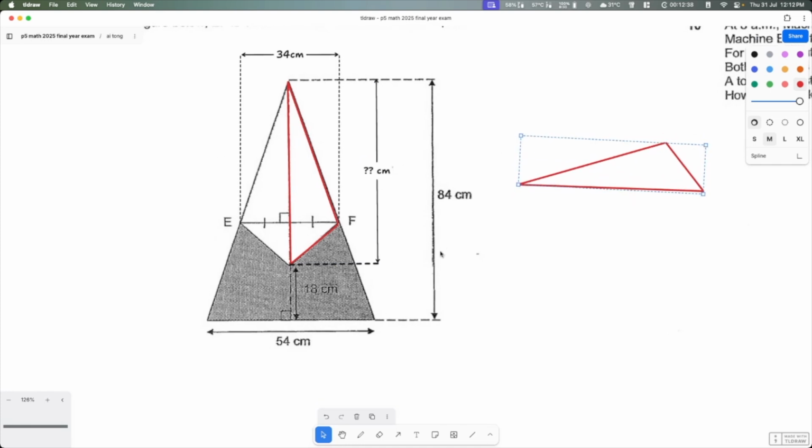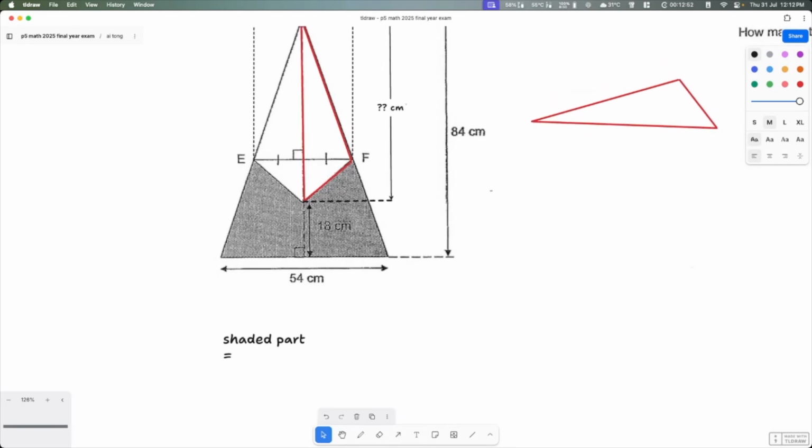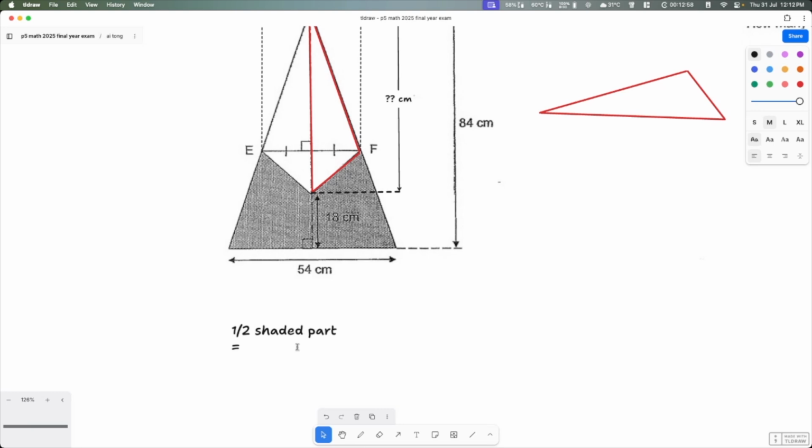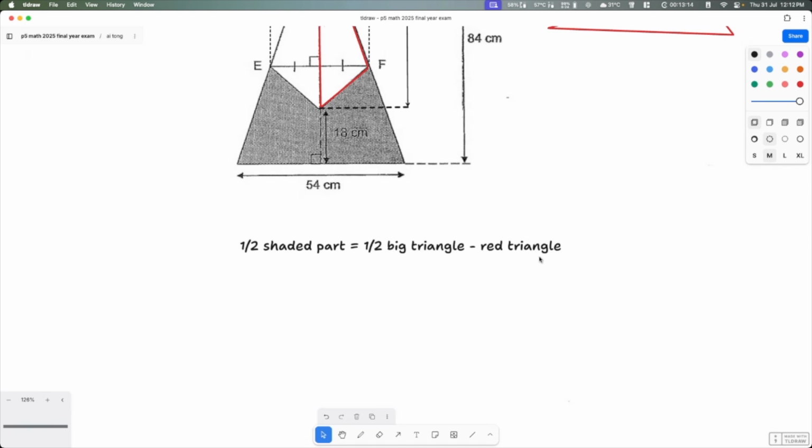If you want to get the shaded part, let's say half of the shaded part, because I want to focus on the half, is equal to the half of the big triangle minus the red triangle. That's it. If you know that, then great. So let's get the half big triangle. For the red triangle, I'm going to put a line to indicate this is the red triangle.